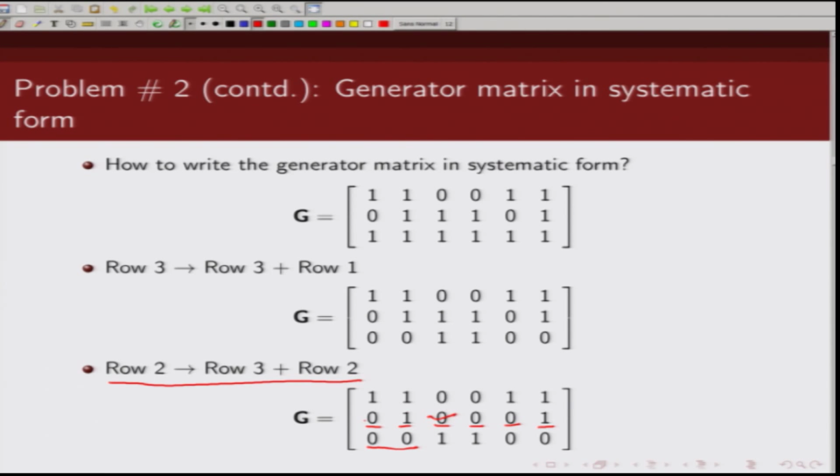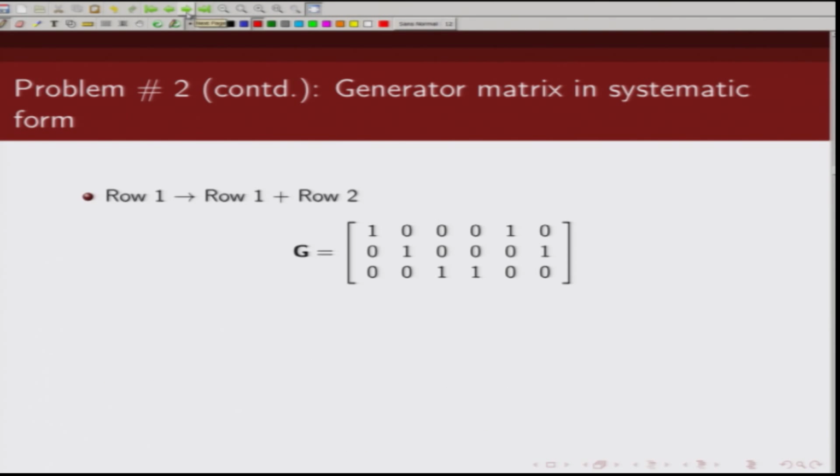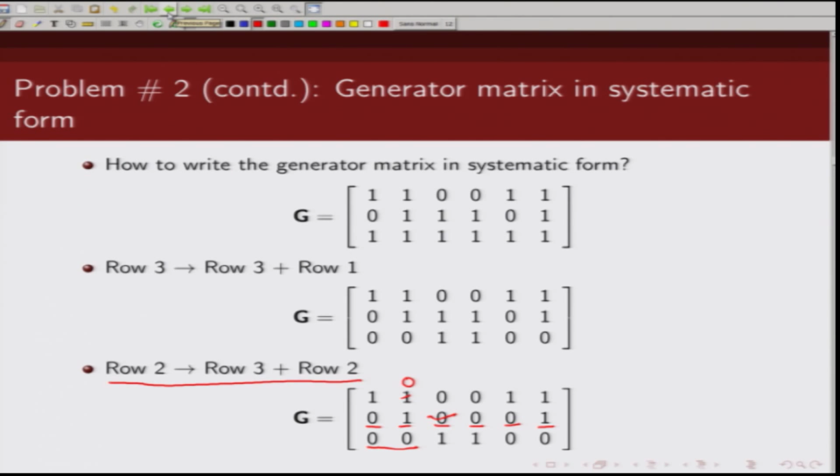Okay. Now, what do we have to do? We will have to get a 0 here. So, how can we get a 0 here? We will do this transformation. We will add row 1 and row 2 and replace row 1 by this. So, we are going to add these 2 rows. If we add these 2 rows, what is going to happen? This 1 will remain 1, 1 plus 1 will become 0 and this will remain 0.